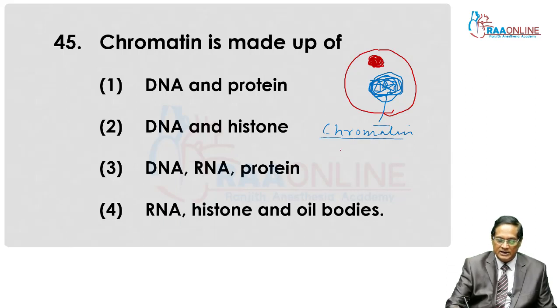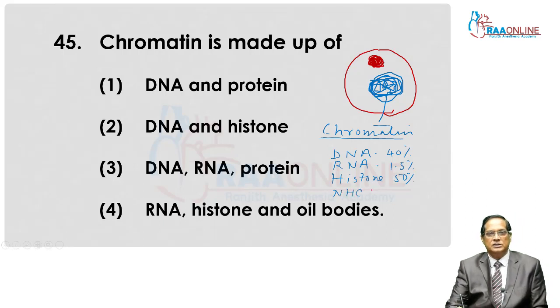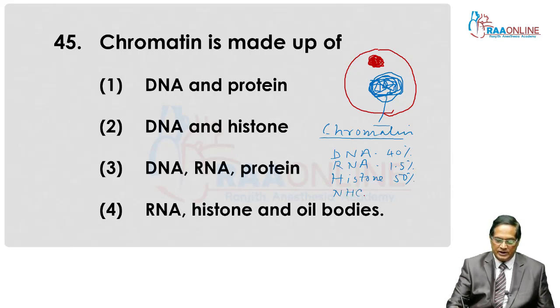And if we analyze chromatin, the amount of DNA is 40% in chromatin. RNA is very less, 1.5% only. Highest is histone protein, that is basic protein histone, 50%, and NHC, non-histone chromosomal protein, NHCP, 8.5%.